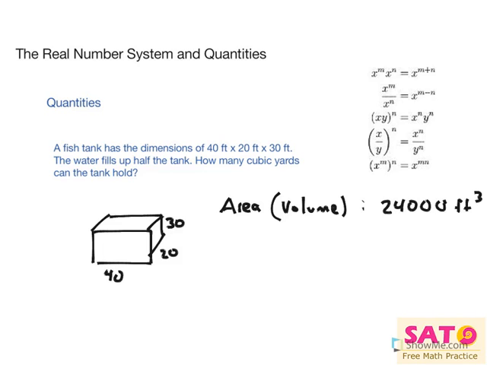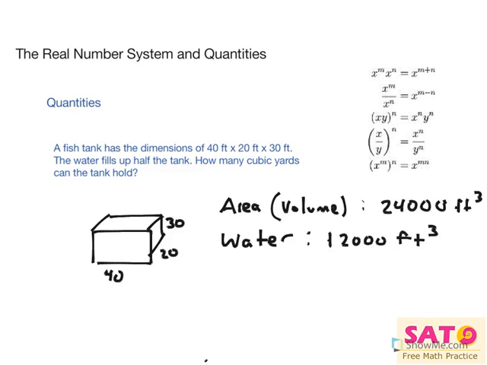And now we know that it fills up half the tank. So let's see how much water there is. Half the tank means half of 24,000, which is 12,000 feet cubed. How many cubic yards can the tank hold? Well, we know that in every 1 yard there are 3 feet.